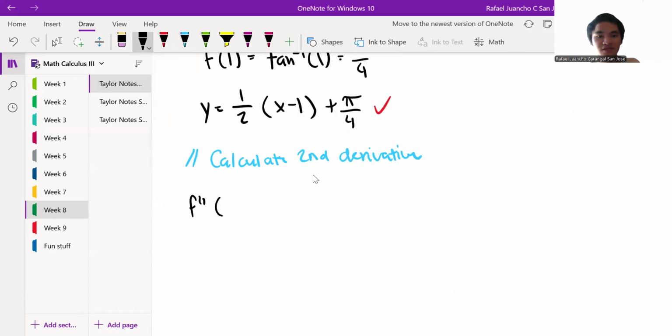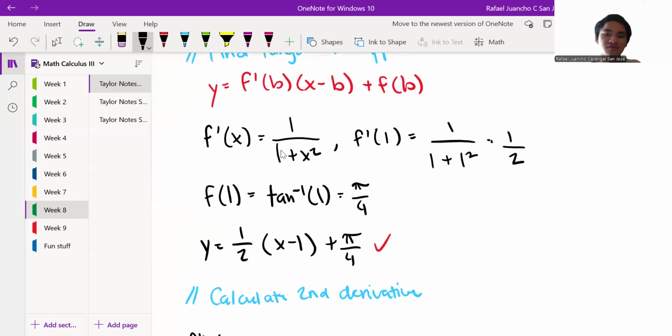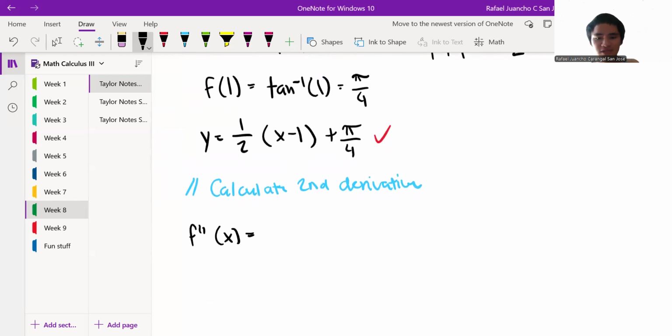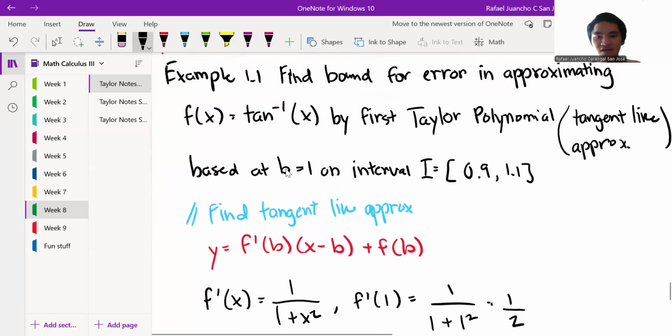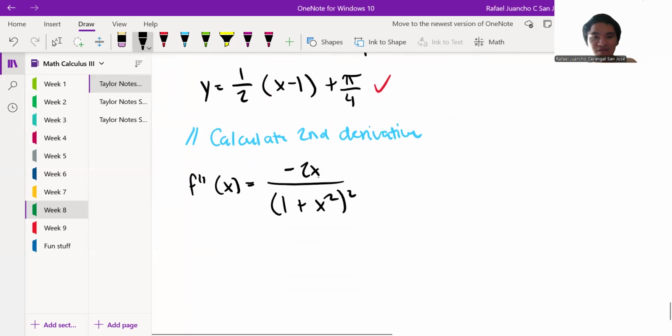So my f double prime at x, which is, oh shoot, I have to do this. Okay, I'm just gonna write it out. So it's minus 2x, and then this thing squared. And then we have some x for interval I. When we have an x of interval I, we basically get the absolute value, which is just 2x.